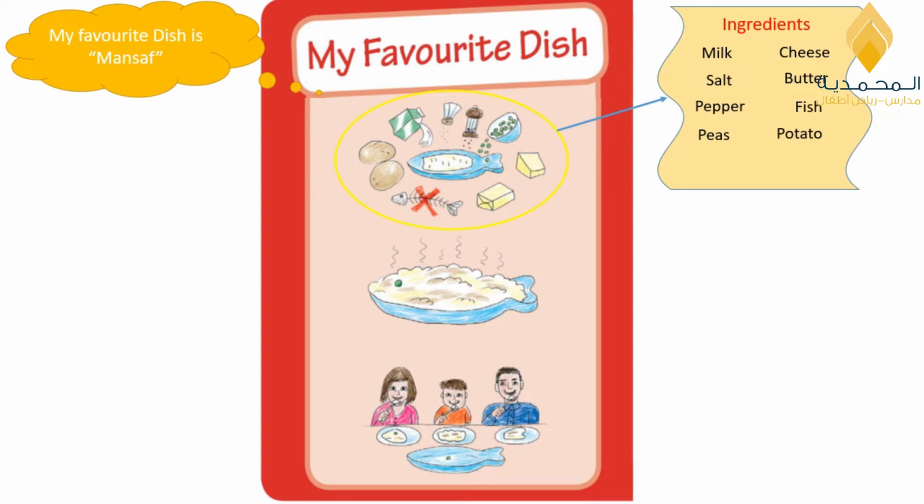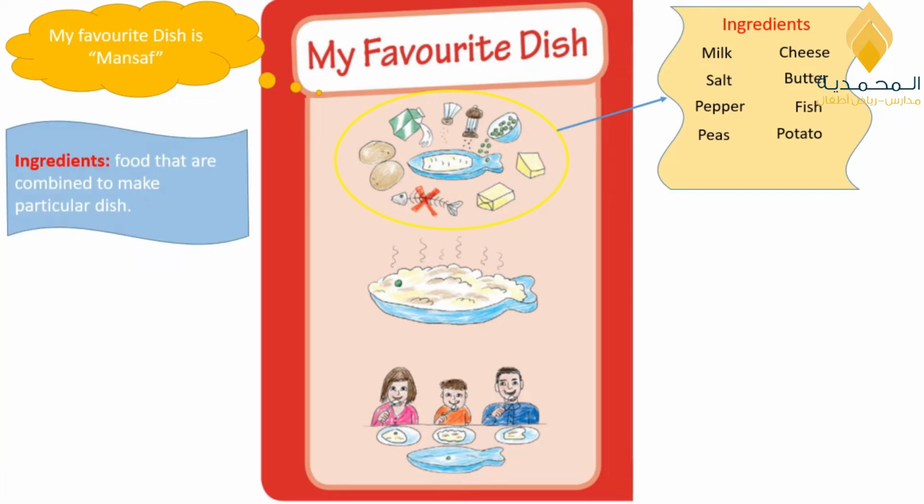Ingredients. What's the meaning of ingredients? Ingredients are food that are combined together to make a particular dish. So, ingredients are the food that we need to prepare a certain dish. Can you guess what is the dish here? We will know what the dish is after we read the text.